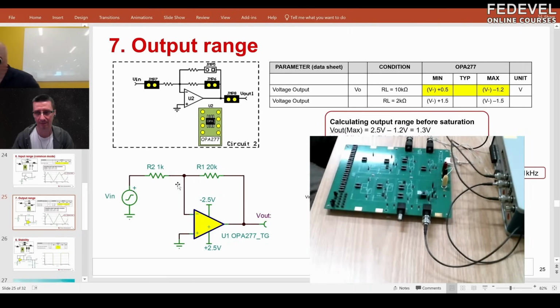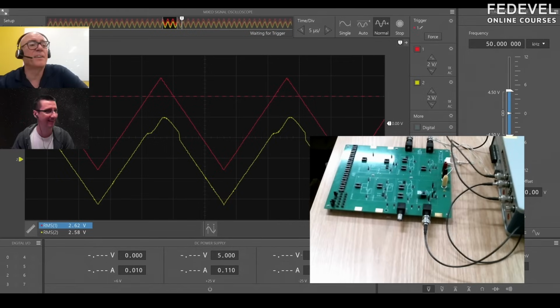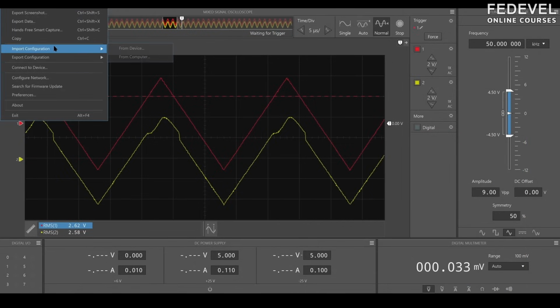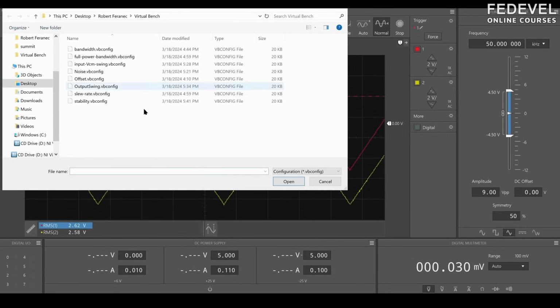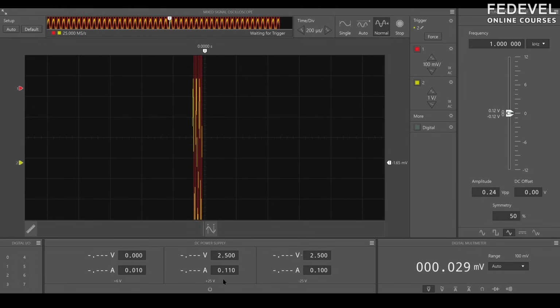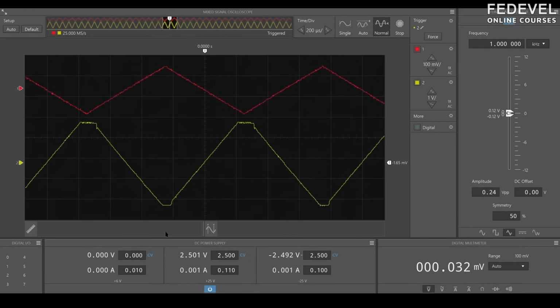And we've got everything connected. So let's go ahead and load the configuration. And we want output swing. I'm going to apply the power, apply the input signal, and you can see that it's distorting on the negative and also on the positive, very similar to what the simulation indicated.